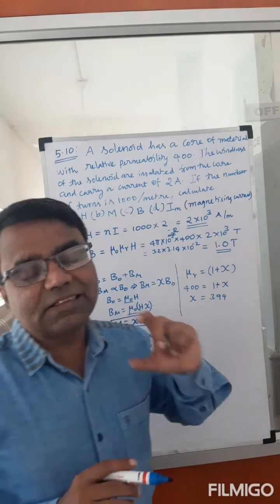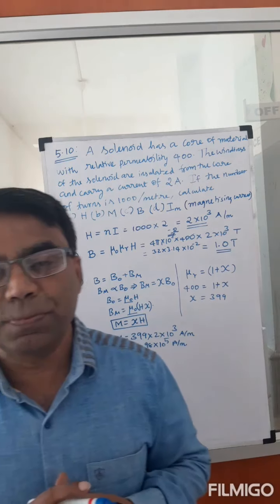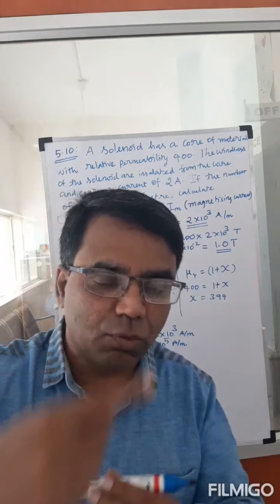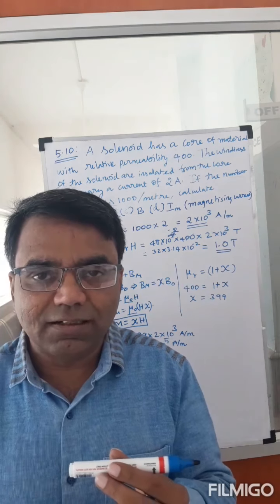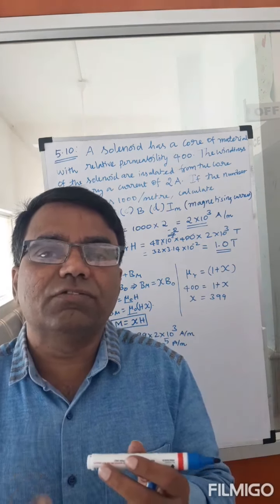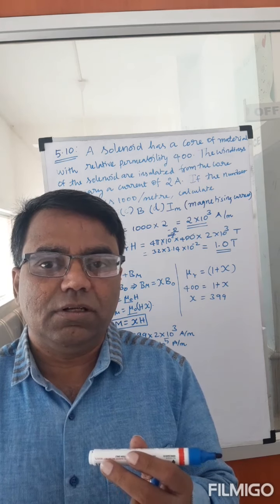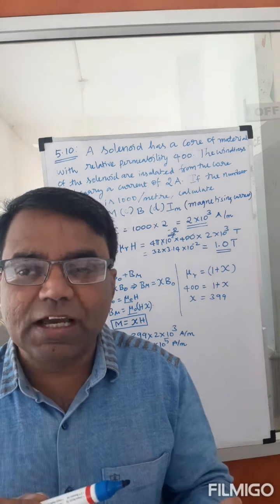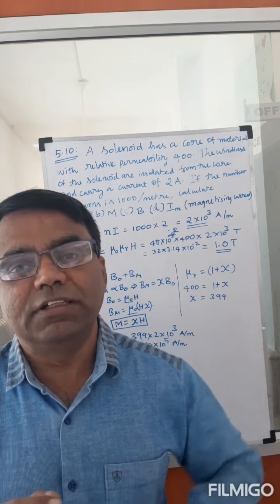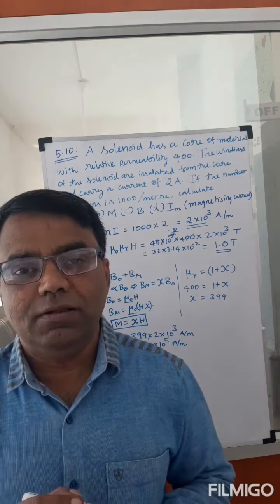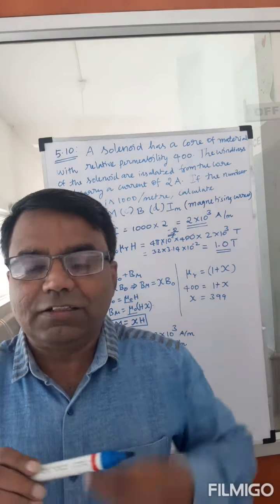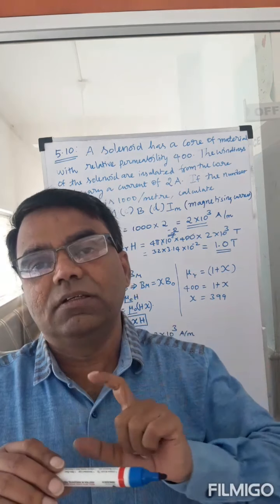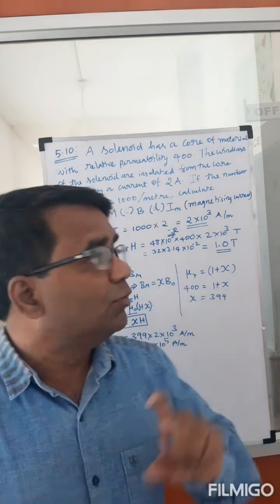The magnetizing current is defined like this. Suppose I don't have a core, I just have the solenoid only. Then what is the amount of current I should pass to have the same field? Right now I pass a certain amount of current to produce a field with the core, which is 2 amperes.